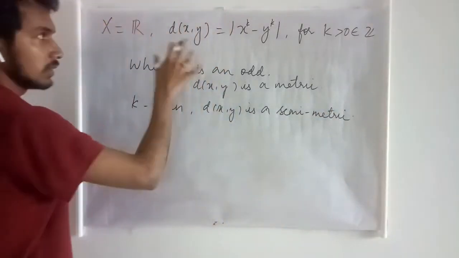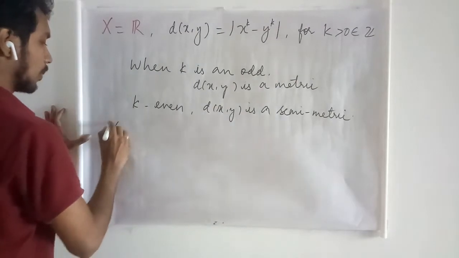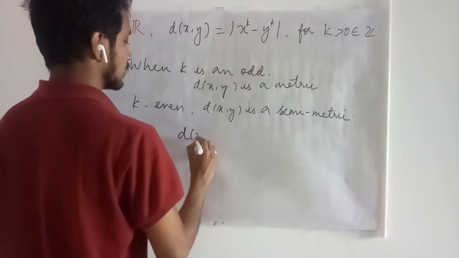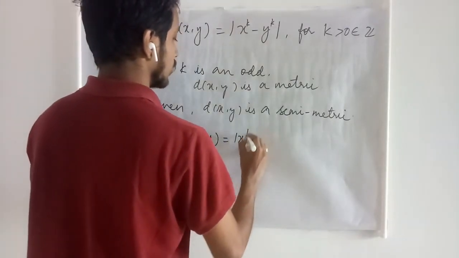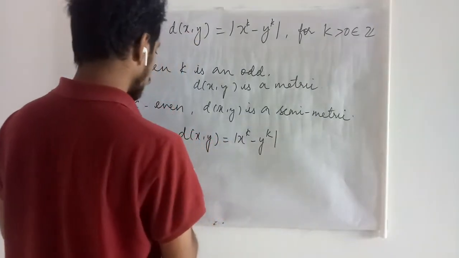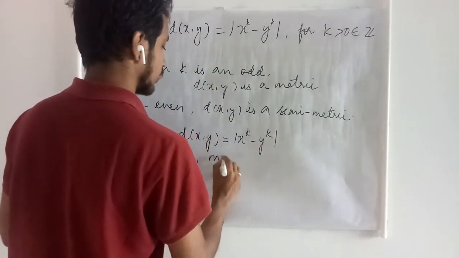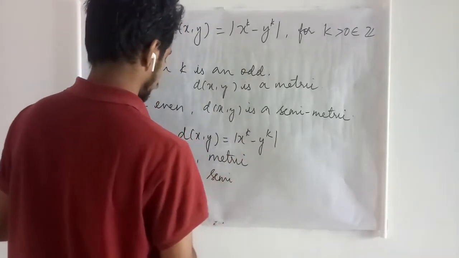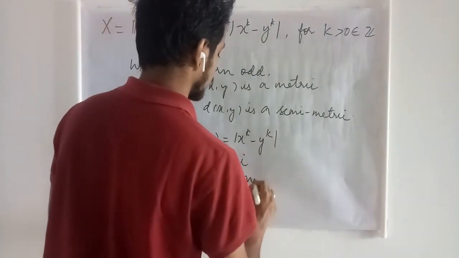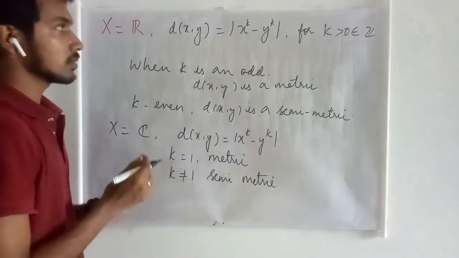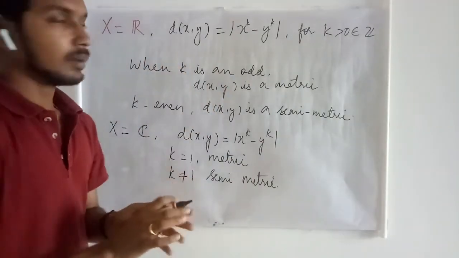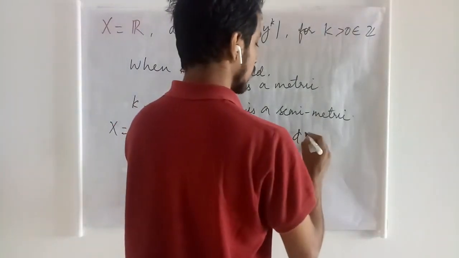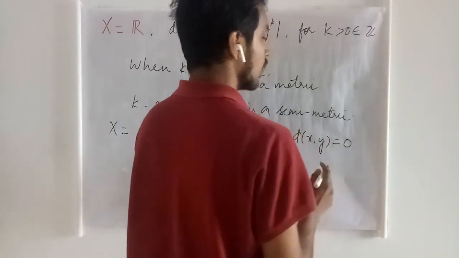Now let us apply the same thing to the set of all complex numbers. When applying this to the set of all complex numbers, it is going to be a metric only when k is 1. For all other k values, it is going to be a semi-metric. Because whenever we try to prove this is a metric or semi-metric, the only problem that we encounter is: d(x,y) equals 0 implies what?